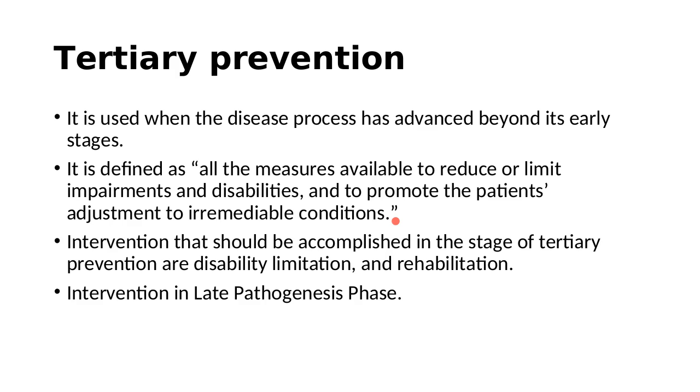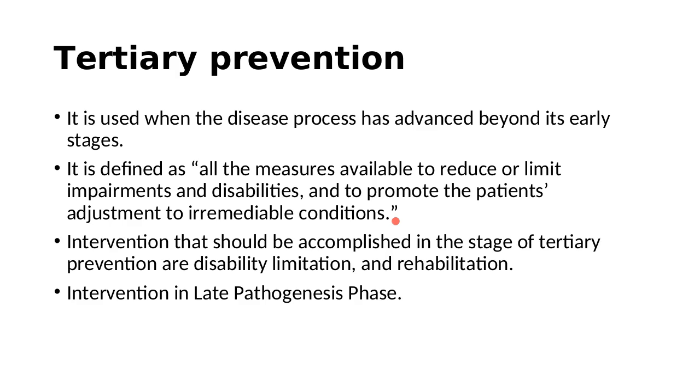So interventions that should be accomplished in this stage of tertiary prevention are disability limitation, and also rehabilitation. You're not only limiting disability, but you're also making some rehabilitation efforts.